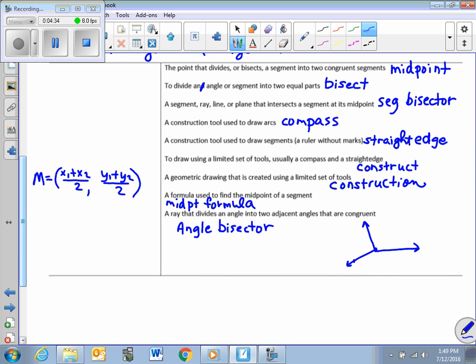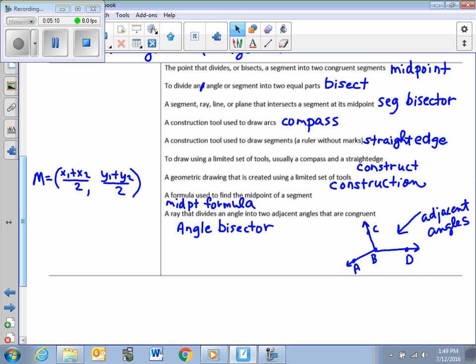Okay, so if this is A, B, C, D, angles ABC and CBD are adjacent angles because they share this ray BC, they share a side. If you didn't get that filled in last night, I just realized after I posted the video that I had left it out. These are adjacent angles. They share a ray that makes a side of both angles.